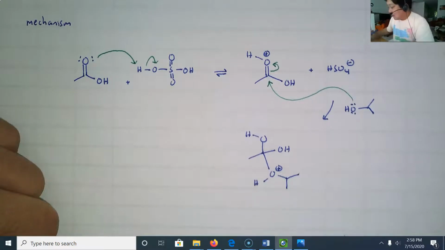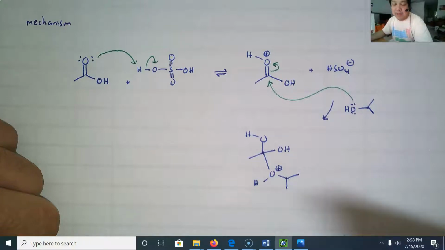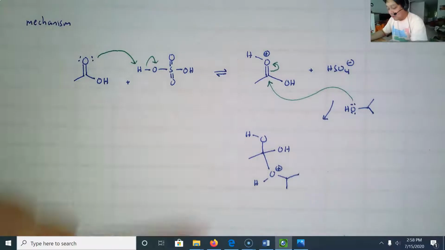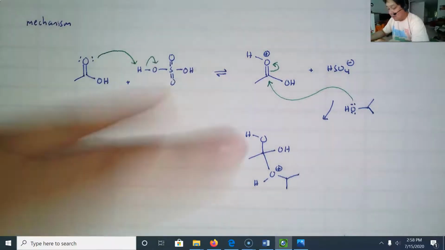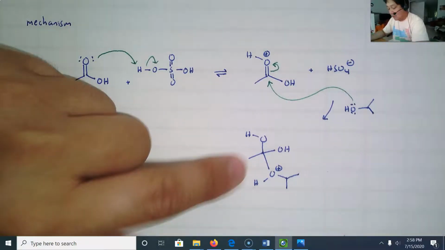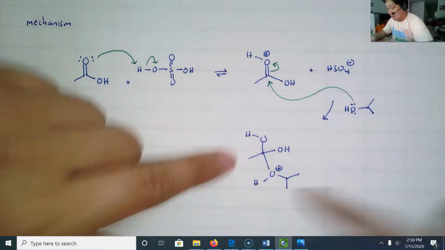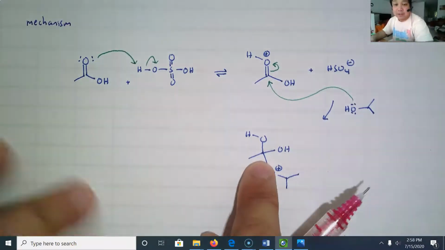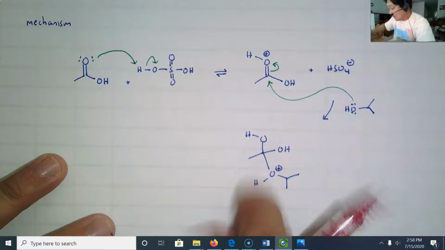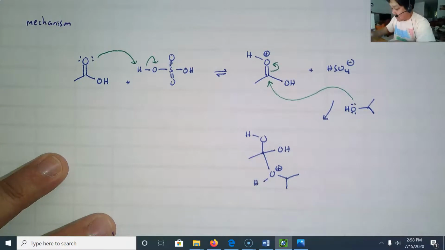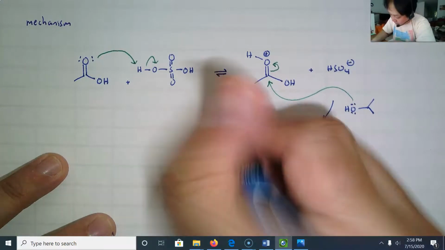Okay, next. I didn't mention this, I don't believe, when we went over hemiacetal formation and acetal formation, but it's interesting that we converted the sp2 carbon into an sp3. We could call this maybe even a tetrahedral intermediate. But let us get rid of this hydrogen.